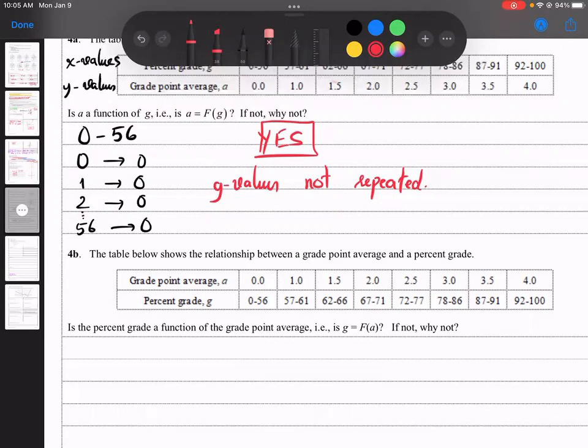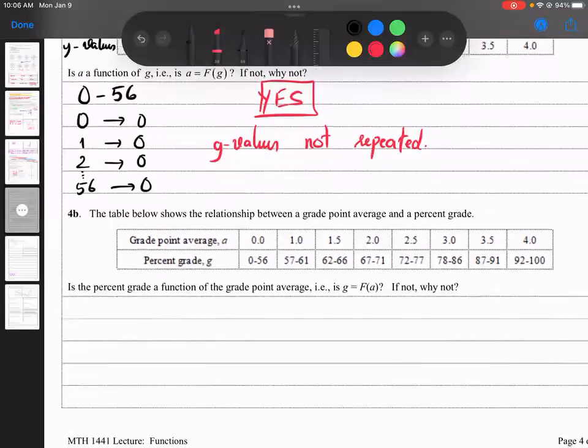It's not, because again, this is your x value and this is your y value. They just use different letters. So here, x is going to be A, y is going to be G. Let's map them. Let's take a look at the first one. 0 maps to 0.